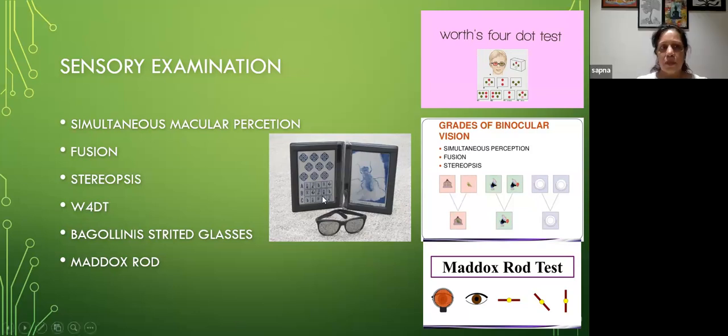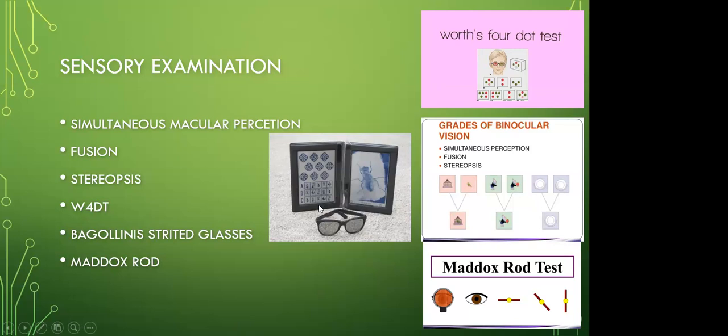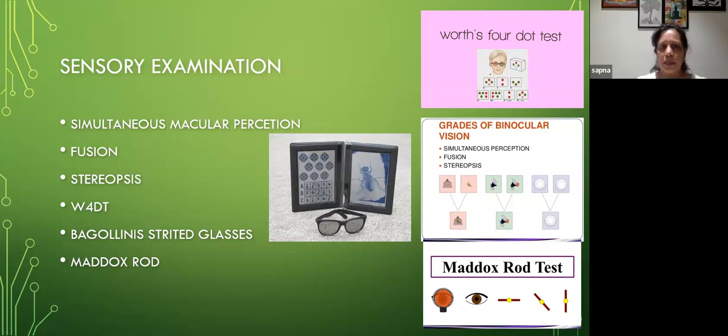In stereopsis, it is definitely very important that we have the stereopsis measurements, especially in accommodative esotropias, in which stereopsis gives you the end point for stopping the treatment.